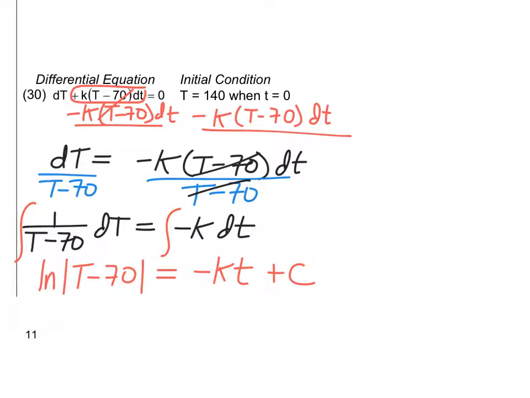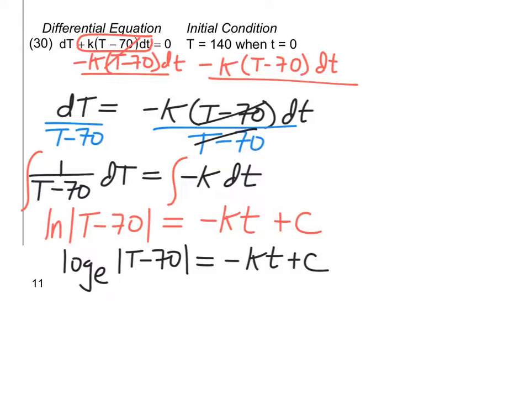So I'm going to rewrite this as log base e of t minus 70 is equal to negative kt plus c. And convert it over into exponential form, in which case I'm going to get t minus 70 equals what? Exactly, e to the negative kt plus c.